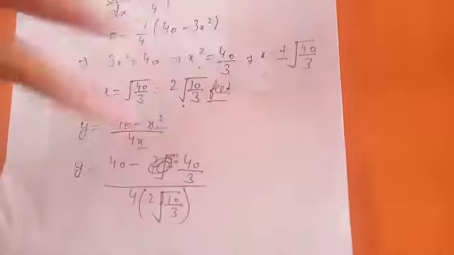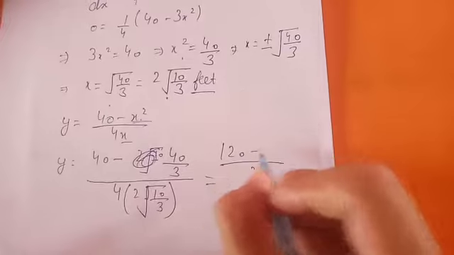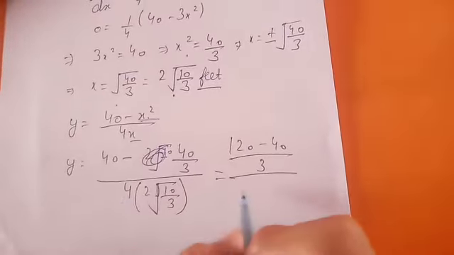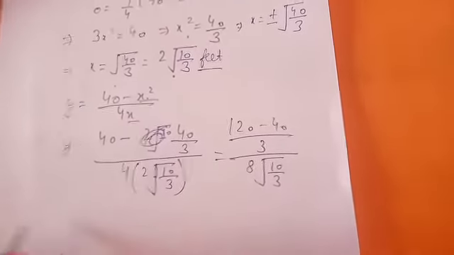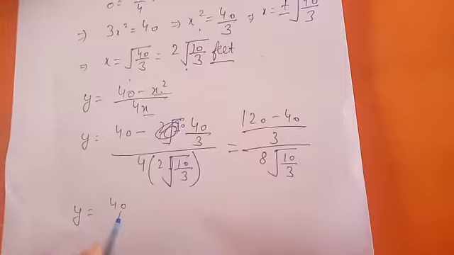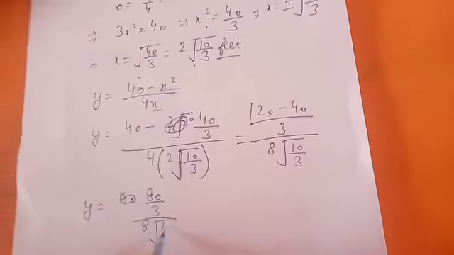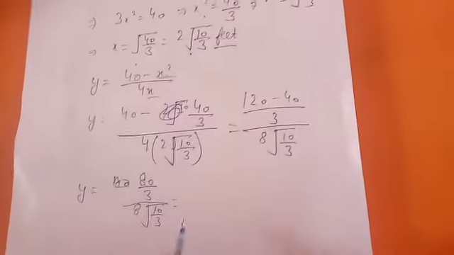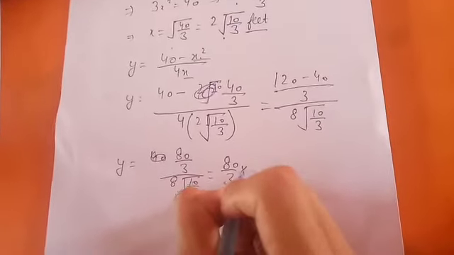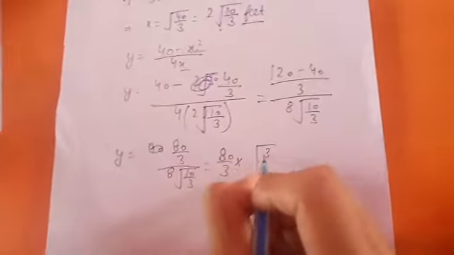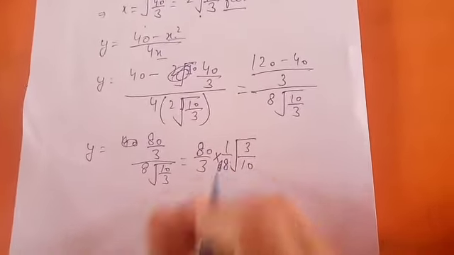Okay, first of all we can solve this numerator. 3 will be the LCM, 120 minus 40, so y equals 80 by 3 whole divided by 8 root 10 by 3. Now we can write this as 80 by 3 into 3 by (8 root 10).